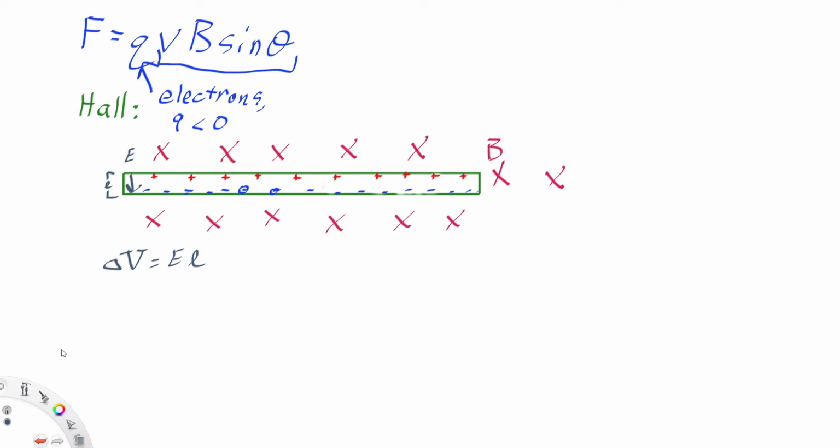You'll continue to get more and more charge separation, which will produce a stronger and stronger electric field until you reach equilibrium, which is a little bit like terminal velocity from Gen Physics 1. So if we have this electron, because of the magnetic field, it wants to go down. The magnetic field wants to push it down. But the separation of charges has created an electric field which makes it want to go up.